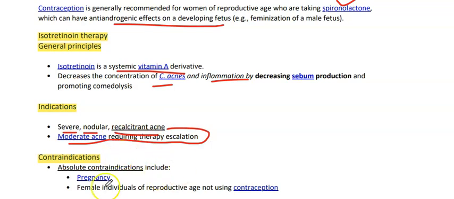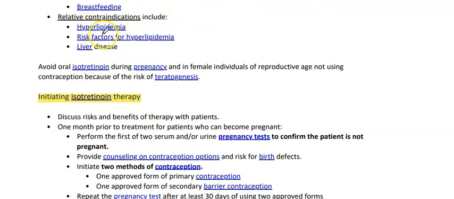Absolute contraindications include pregnancy, female individuals of reproductive age not using contraception, and breastfeeding. Relative contraindications include hyperlipidemia, risk factors for hyperlipidemia, and liver disease. Avoid isotretinoin during pregnancy and in female individuals of reproductive age not using contraception because of the risk of teratogenesis. So teratogenesis should be avoided during pregnancy.